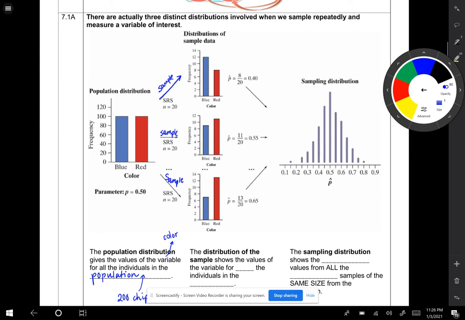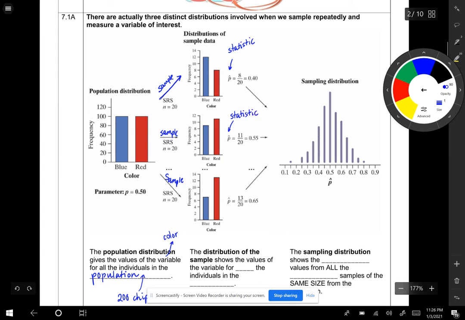And we're only looking at the red in the middle column. So these are all your statistics right here, the p hat. The p hat is 8 out of 20 were red for that top one. The second one, 11 out of 20 were red. But all of those are your statistics, because we gathered each from a sample.